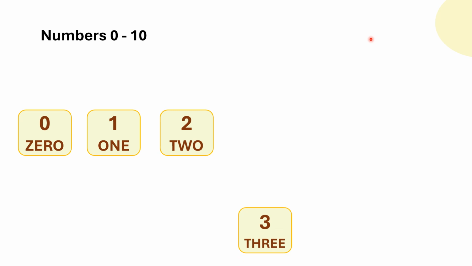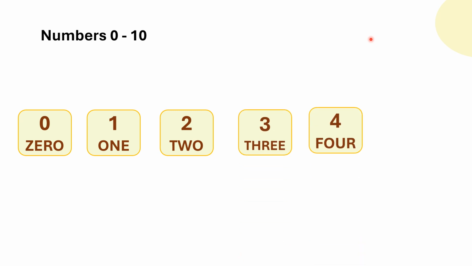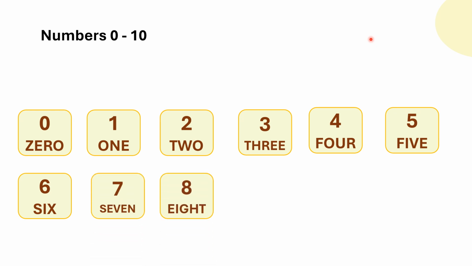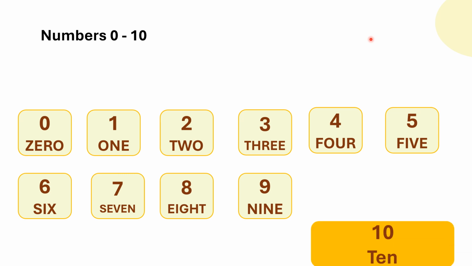Okay, let's practice some vocabulary together. Let's count together from 0 to 10. Okay, are you ready? Look at the numbers, please. 0, 1, 2, 3, 4, 5, 6, 7, 8, 9, and 10.